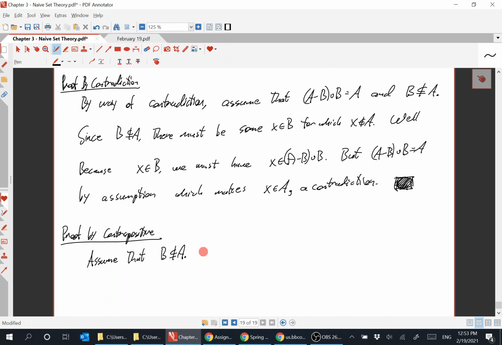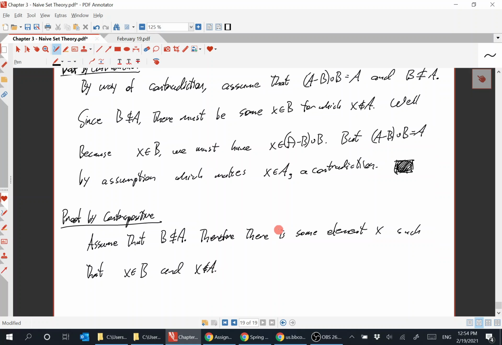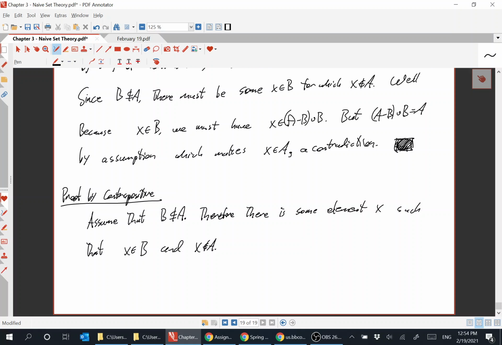So just like before, therefore, there is some element X, let's write it a little differently, such that X is an element of B and X is not an element of A. Right?